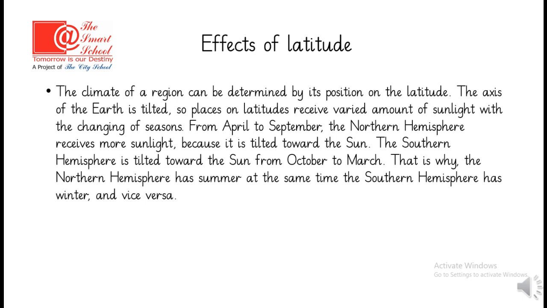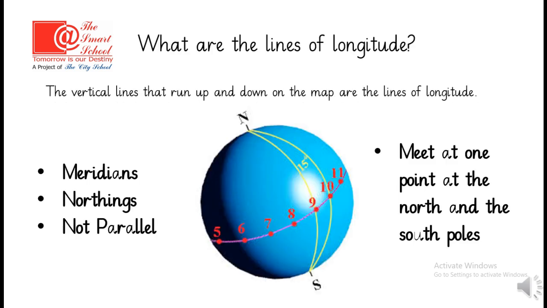Now let's discuss what longitudes are. The vertical lines that run up and down on the map are the lines of longitude. You can say from north to south, up and down, these are the lines of longitude. They are also called meridians.